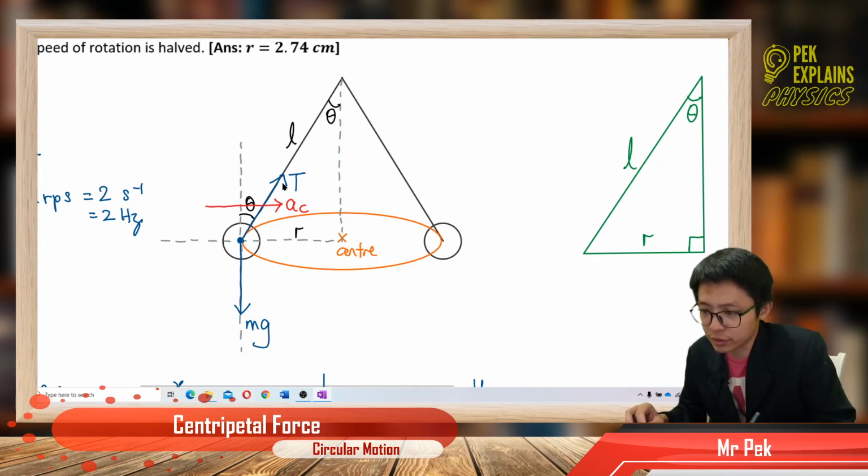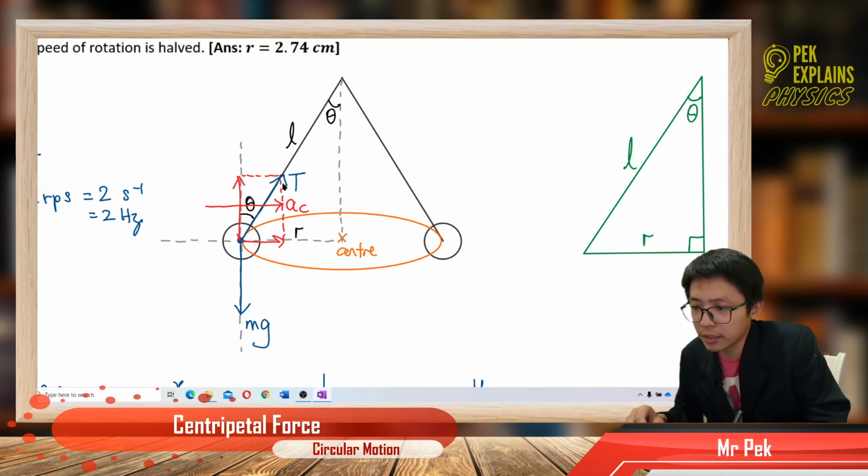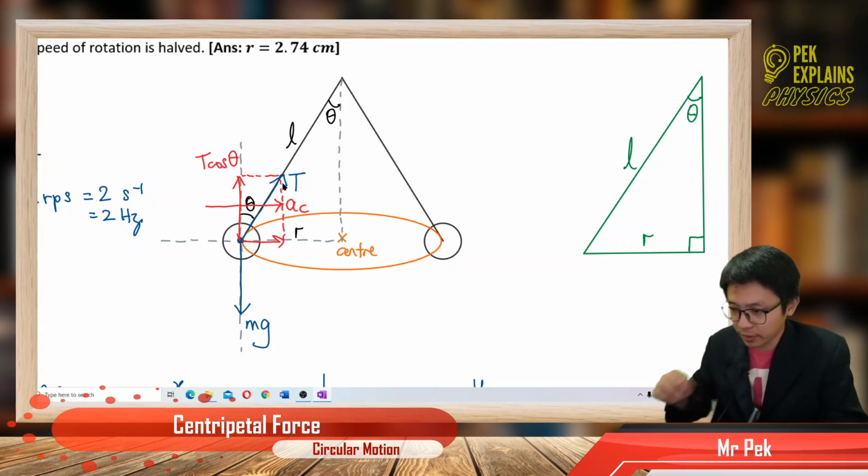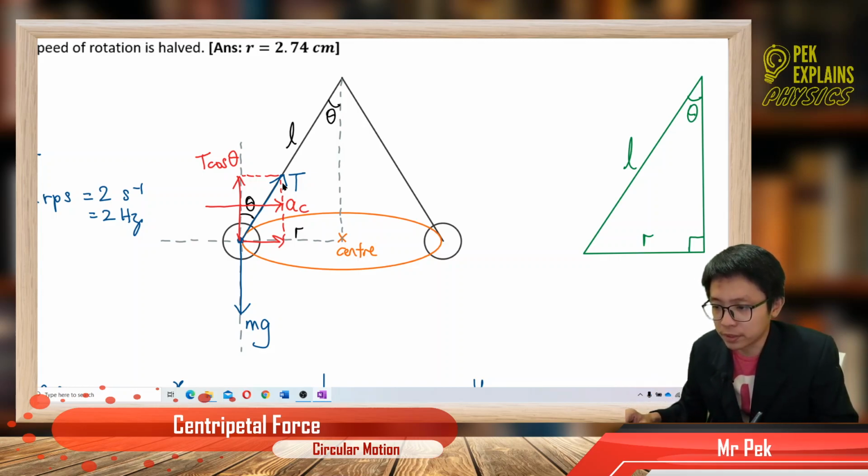Always resolve all forces with angle to get the x component and y component. If we start with this one, adjacent to theta is T cos theta for the y-axis. The x-axis is opposite to the angle, so it is T sine theta.